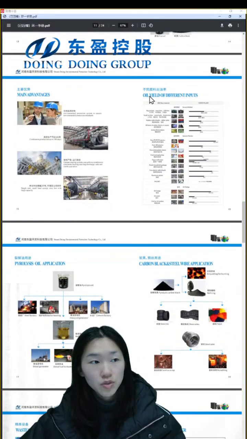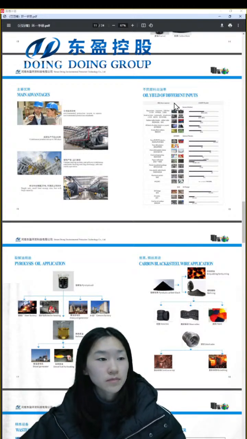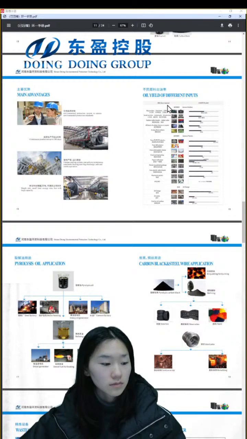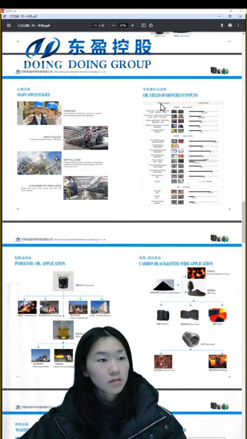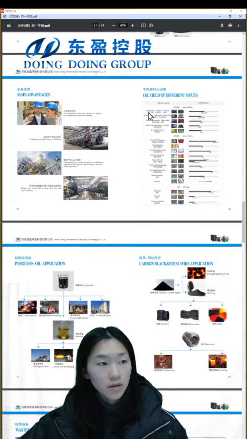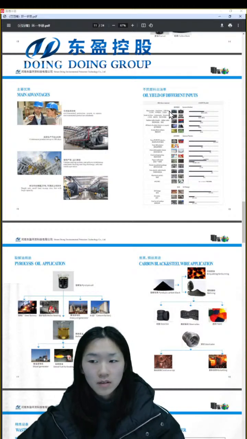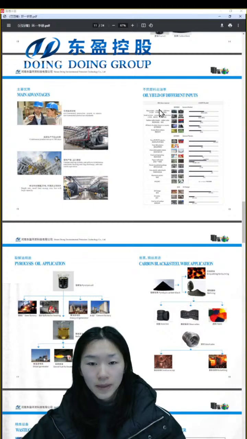In this page we can see the oil yield of different raw materials. For tires, you can see big tires, truck tires, OTR tires. They are very big tires.